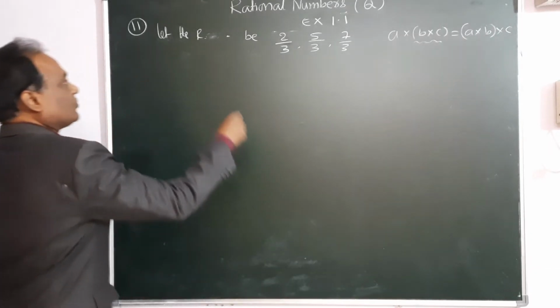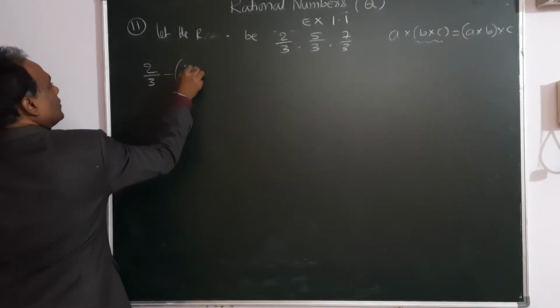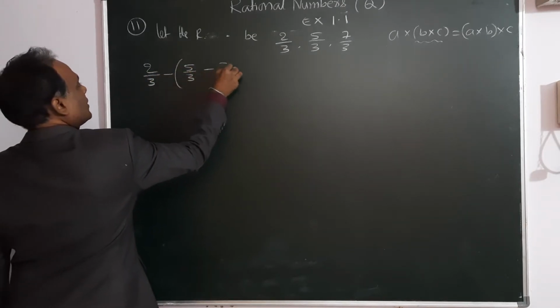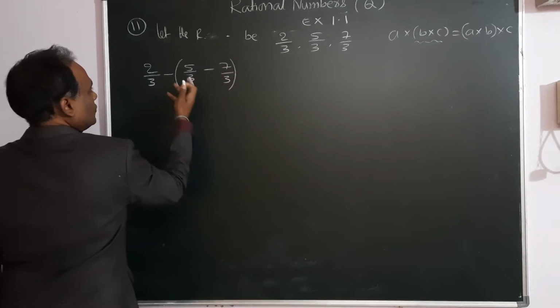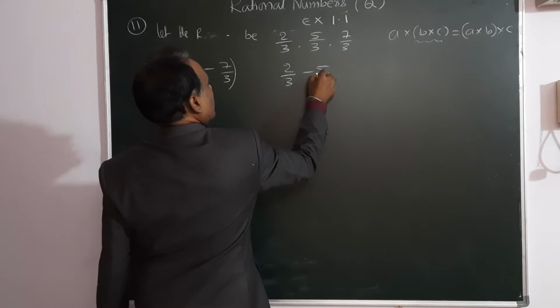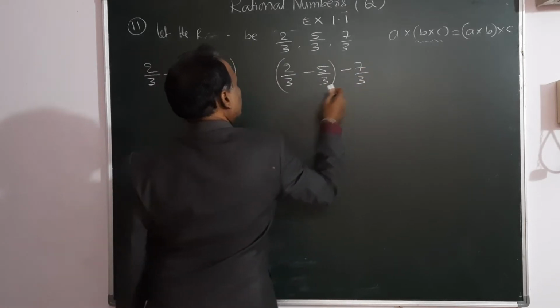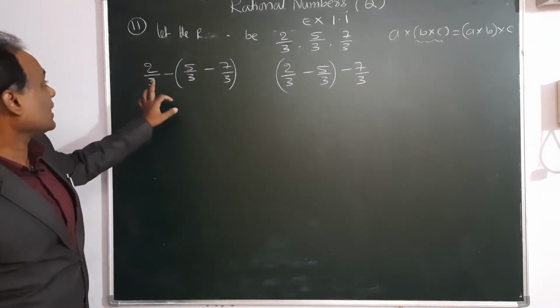So subtraction associative property. See here, (2 by 3 minus 5 by 3) minus 7 by 3 should equal to 2 by 3 minus (5 by 3 minus 7 by 3). So this is the associative property under subtraction.